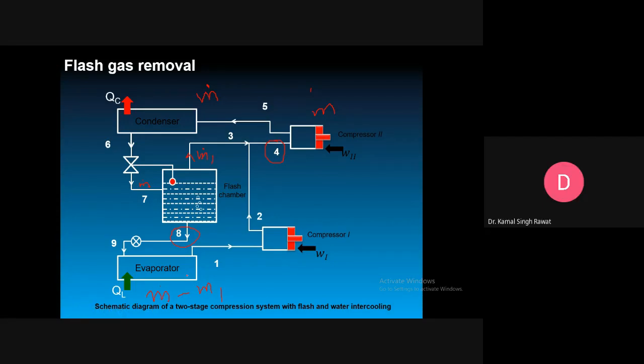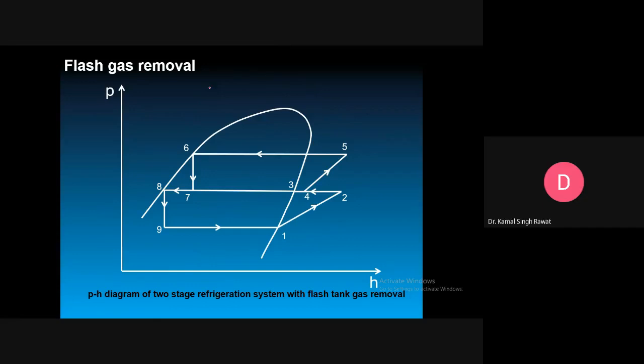Okay, so can you write the COP formula for this system? What is the value of COP? So Q naught over W in. Yes, COP will be Q naught over total W in, W1 plus W2.